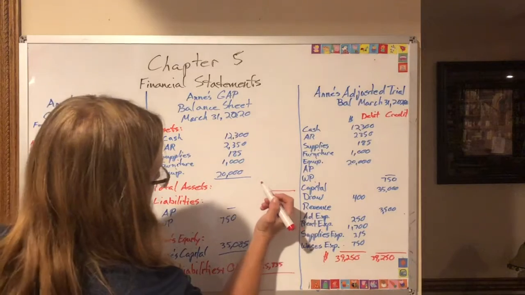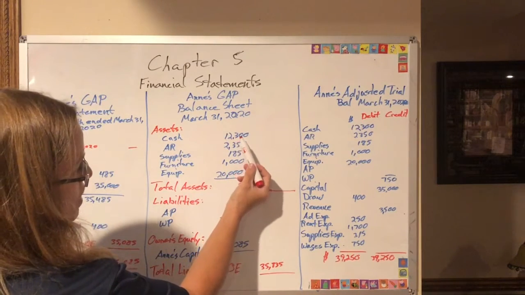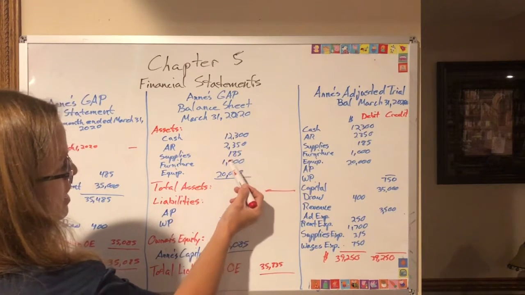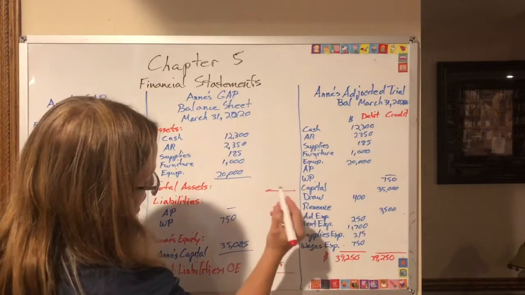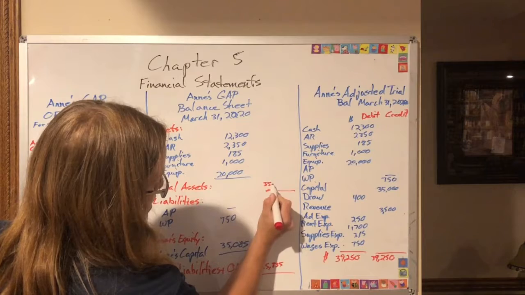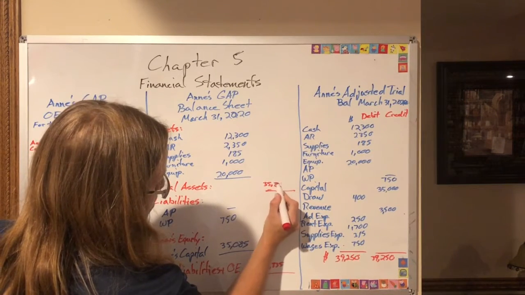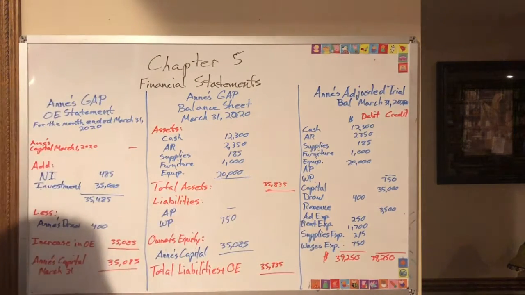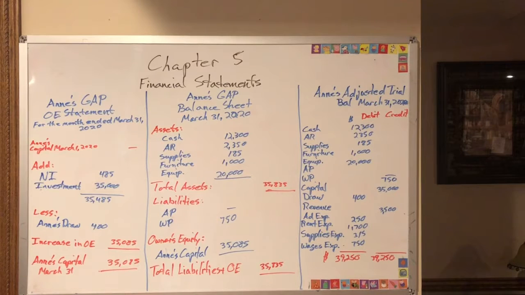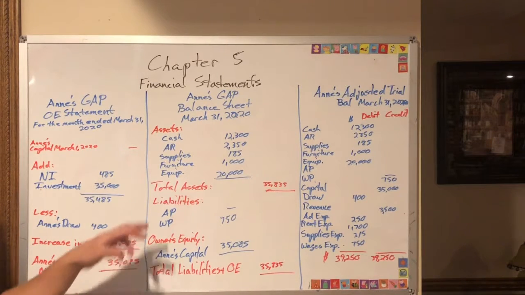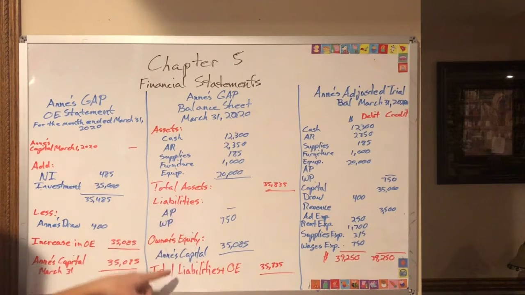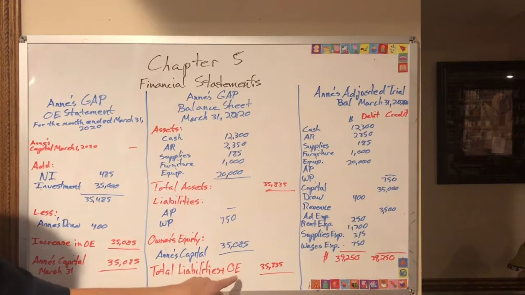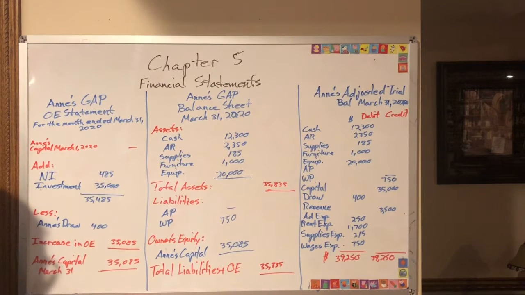Our total assets, when we add all these up, the $12,350, the $185, the $1,000, and the $20,000, we get $35,835. All right, so our total assets equal our total liabilities plus our owner's equity. So our balance sheet is in balance.